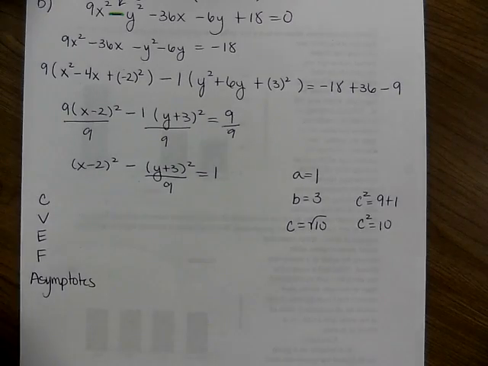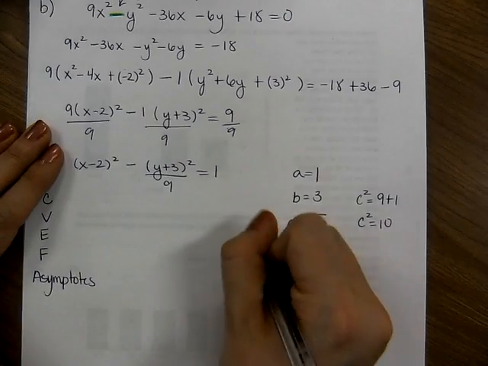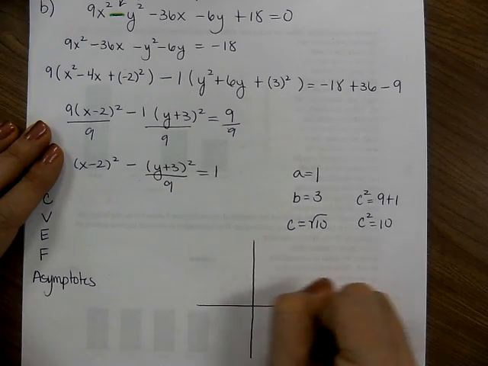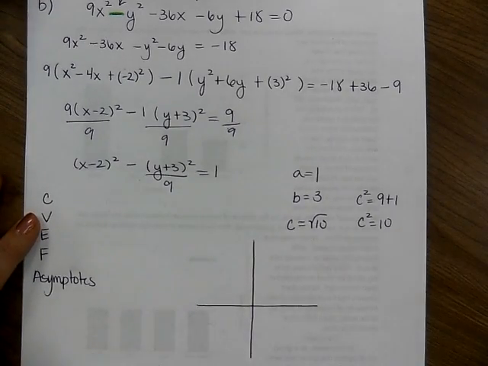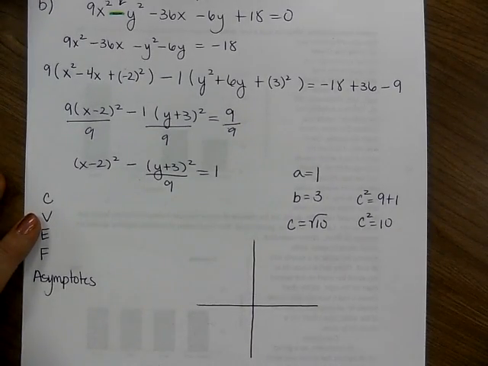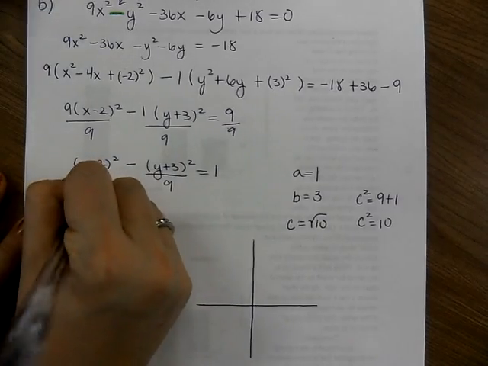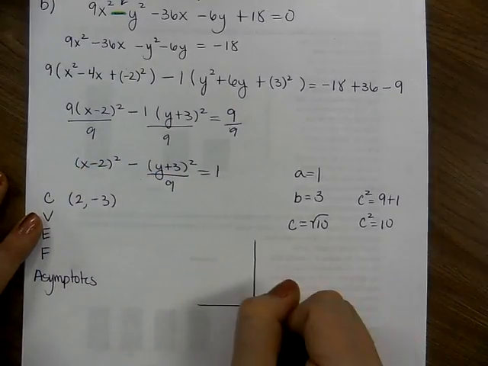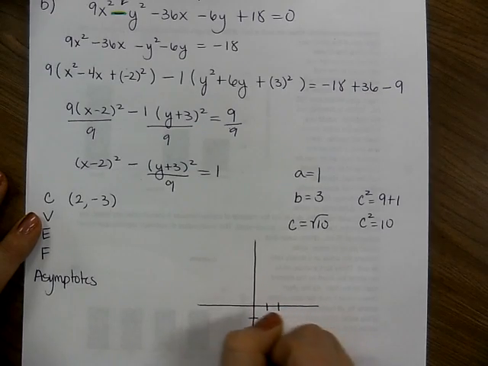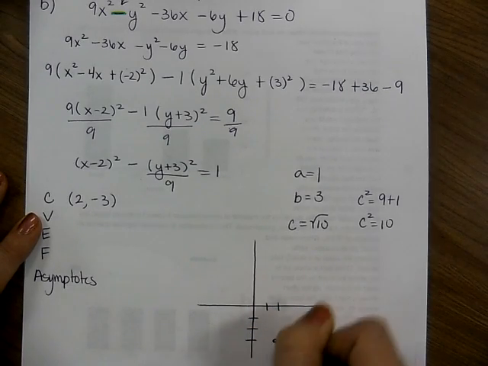Okay, so let's start the sketch and see where we get. So this time, where is our center? 2, negative 3. So 2, negative 3 is here.